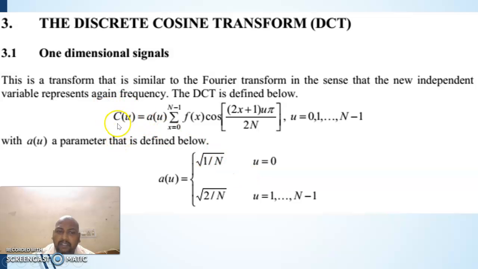This gives the cosine transformed image, C of u equals a of u times the summation for x from 0 to n minus 1 of the image and the cosine function.